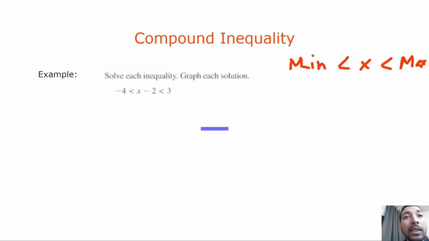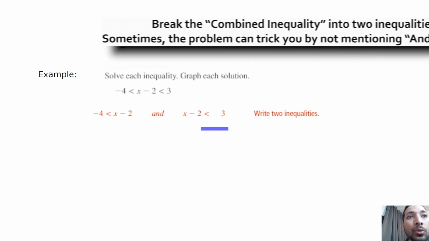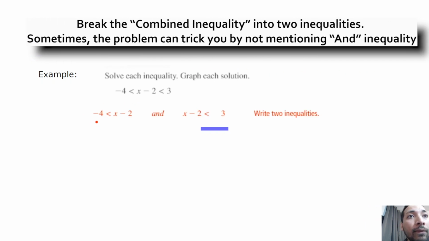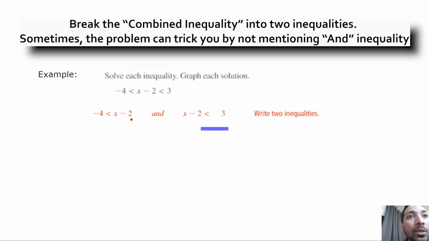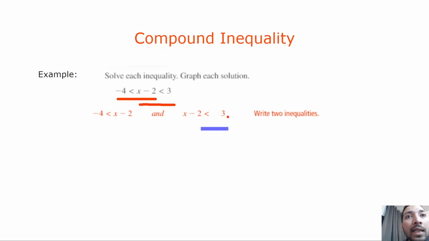So we first break this down into two inequalities. So we have -4 less than x minus 2. So we just take this portion. We have this inequality, and we have the second portion, x minus 2 less than 3. So you just write these two inequalities.